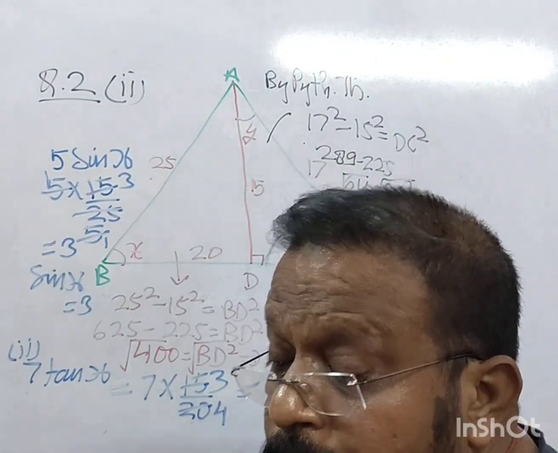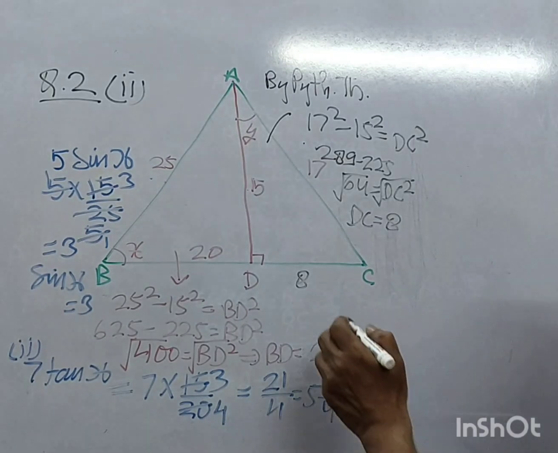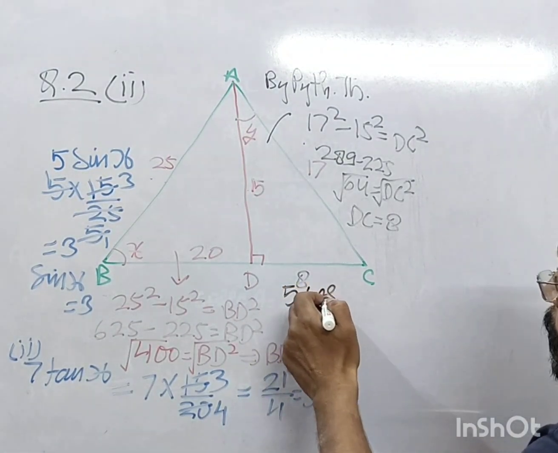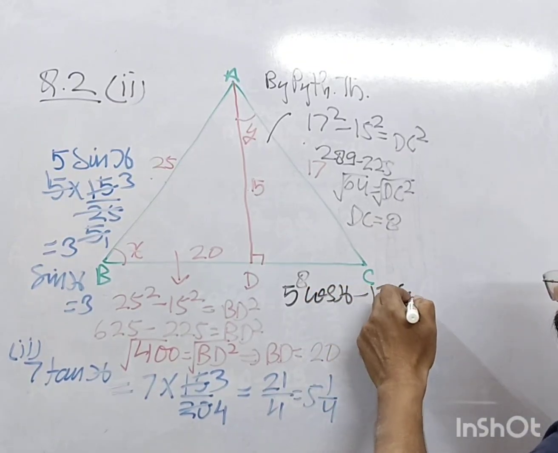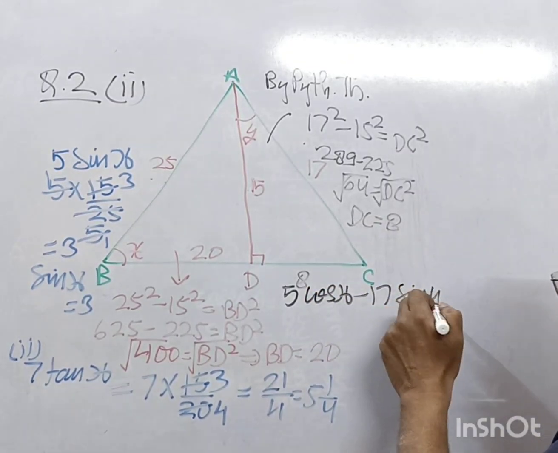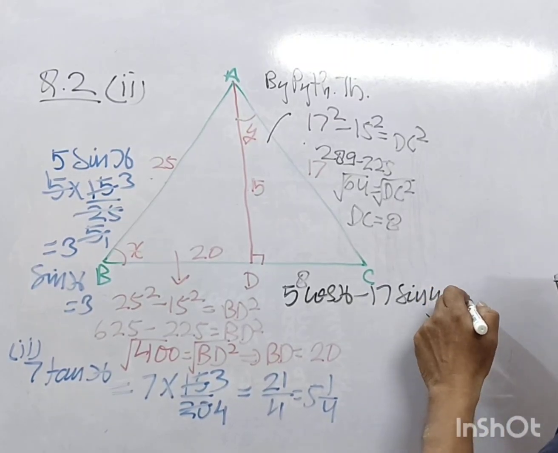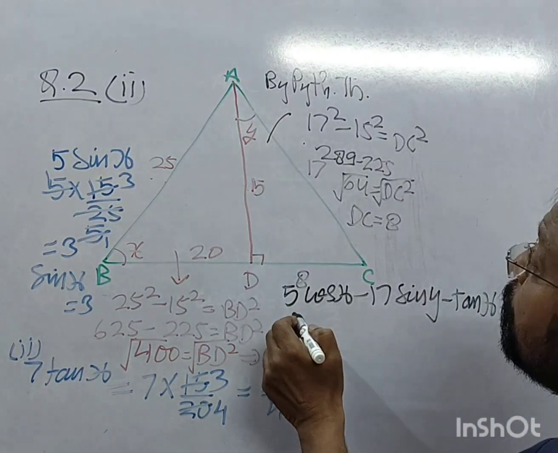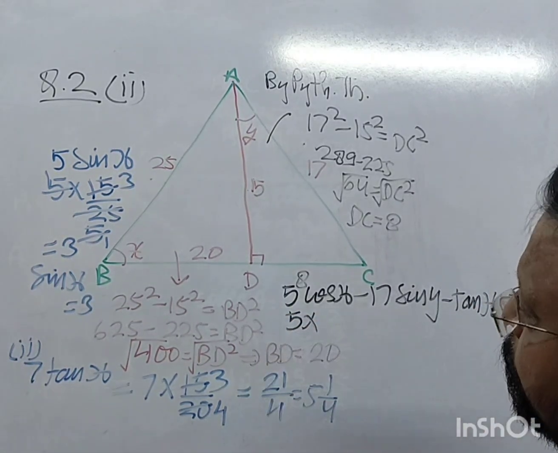5 cos X minus 17 sin Y minus tan X. Yeah? 5 cos X, minus 17 sin Y, minus tan X. So 5 into cos X is what?